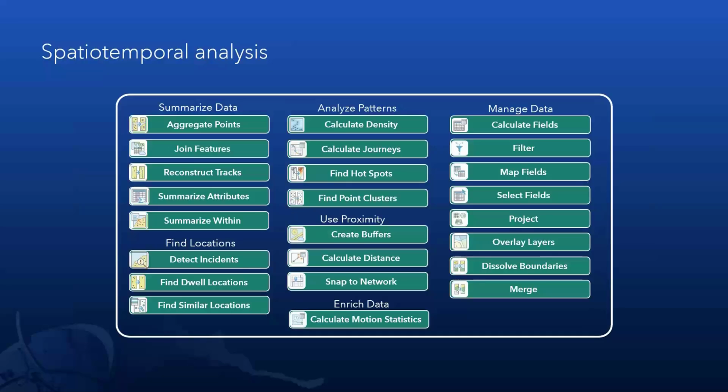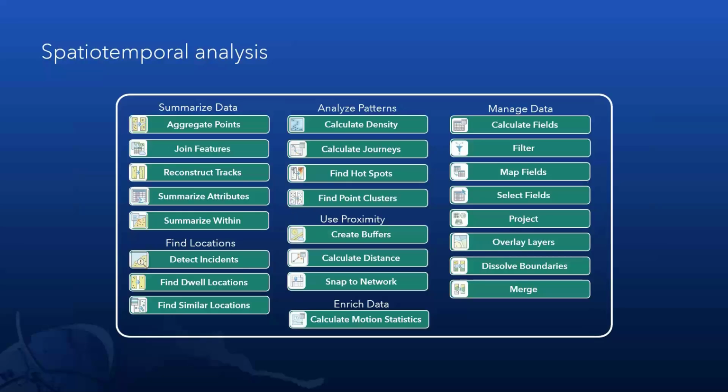We can analyze patterns in our data across all of our data set, doing things like densities and hotspots. We can use proximity. We can enrich our data, which helps us understand statistics about the data. And we can just do management tasks like calculating fields, adding fields, changing the structure, changing the schema, changing the projection, and standard GIS tasks like overlaying layers and merging data.